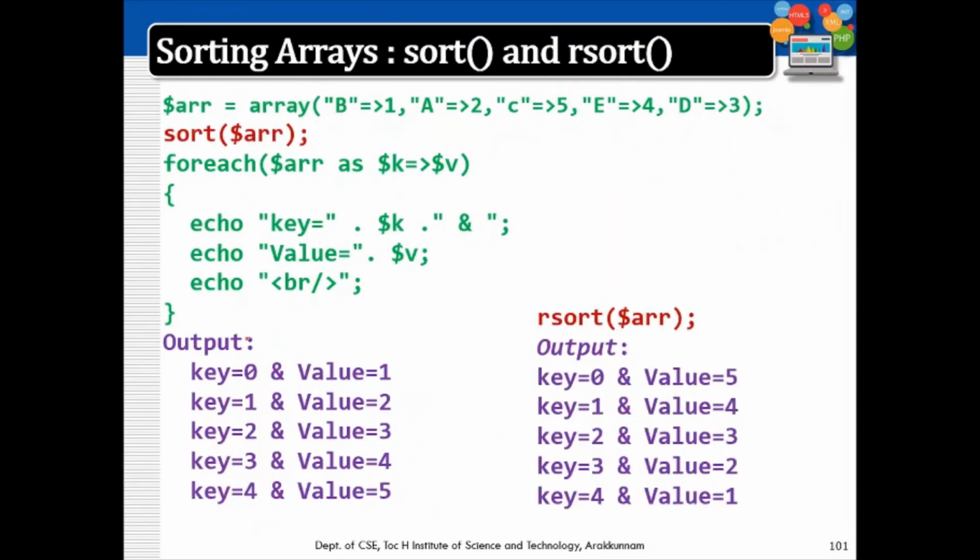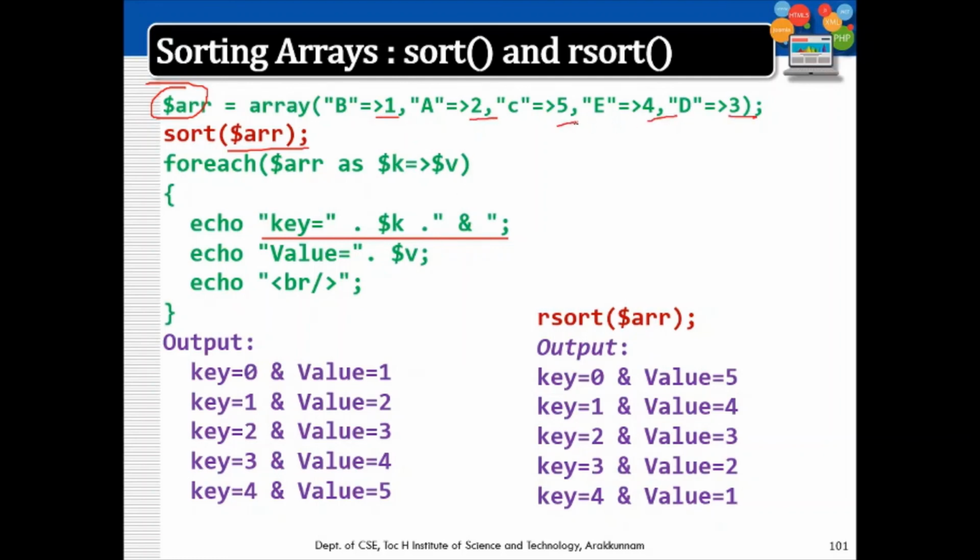If I go for a sorting, just use the sort function and the parameter will be the array name. You can see the difference here. If you try to print the key, this will be sorted as per the value. The sort function sorts the array as per the values: 1 comes first, 2, then 3, 4 and 5.